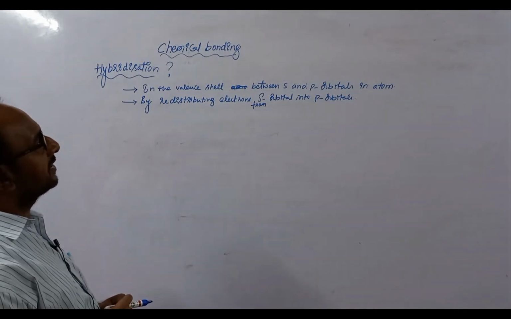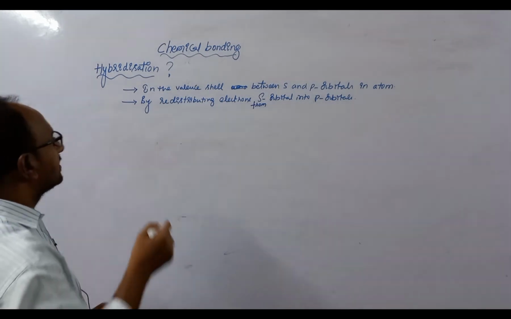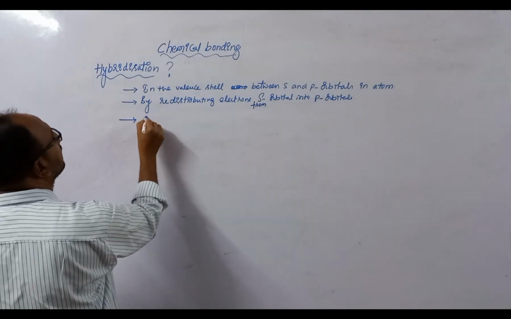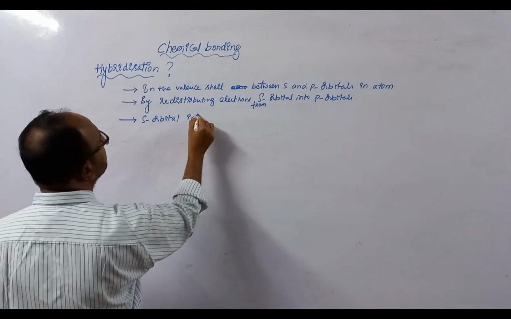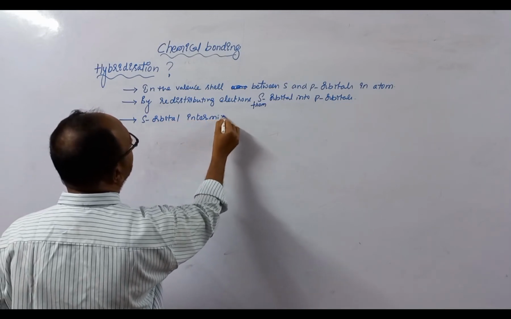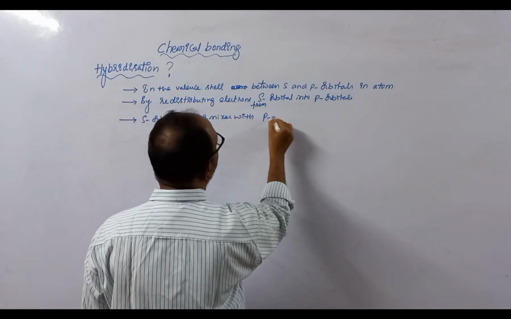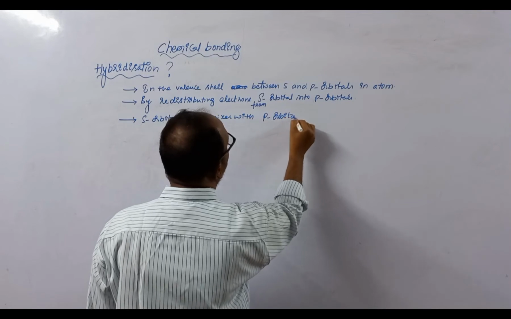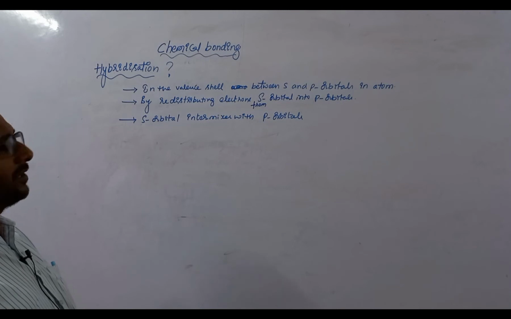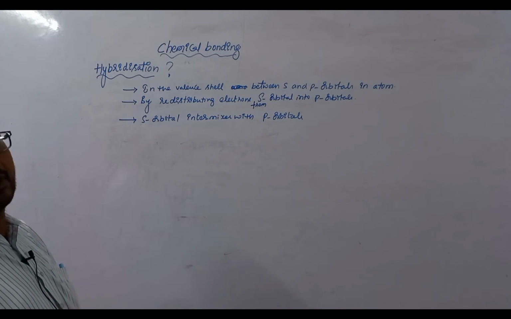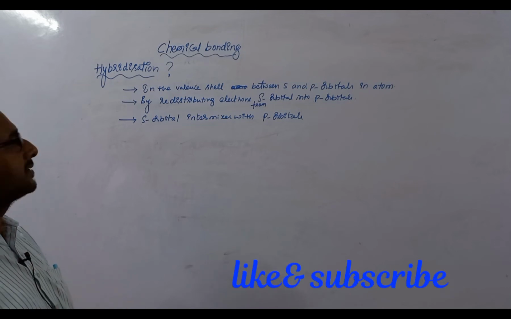In hybridization, s orbital can intermix with p orbitals. That may be 1 p orbital or 2 p orbitals or 3 p orbitals, that is px orbital or py orbital or pz orbital.